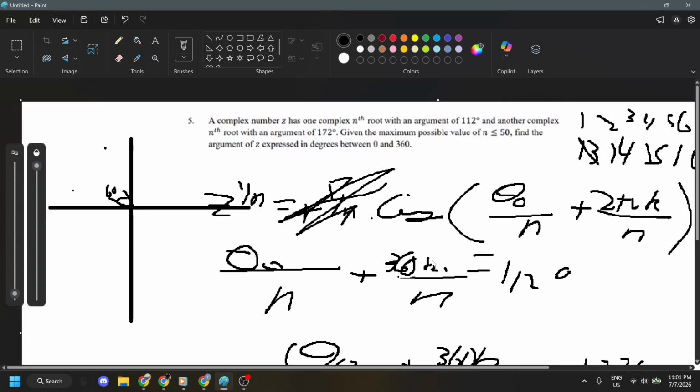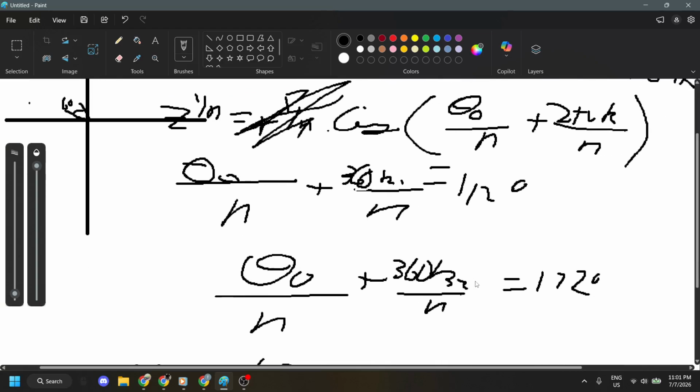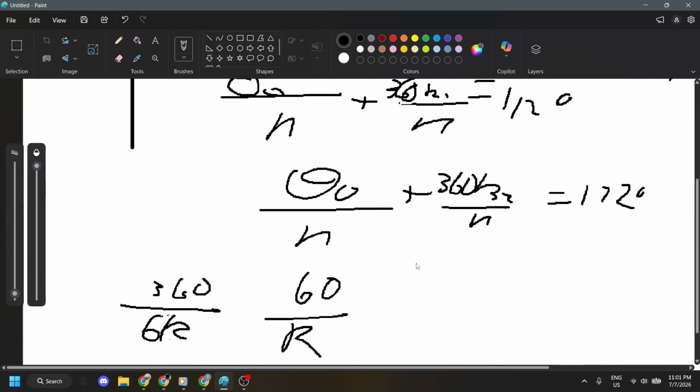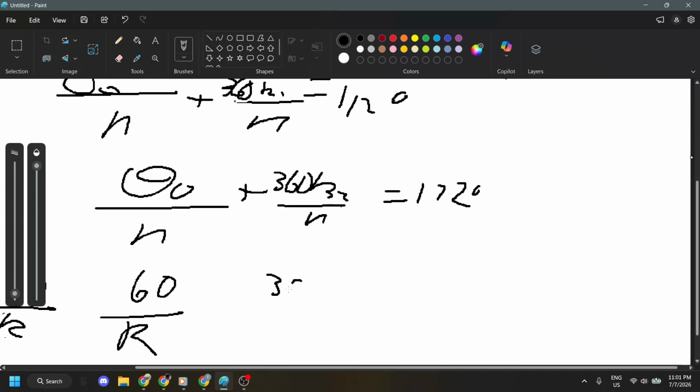So now we just need to find how much rotated this is to where we have this. If we take 360 over 48, that's equal to, taking out the 6, 60 over 8. Okay, it doesn't need to be an integer, that's fine.